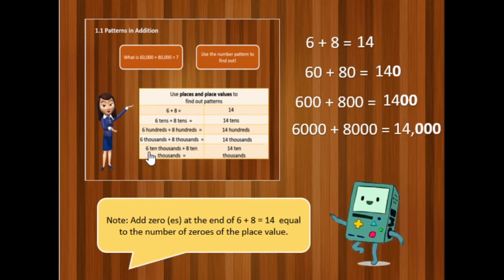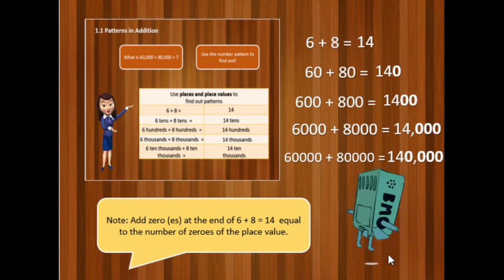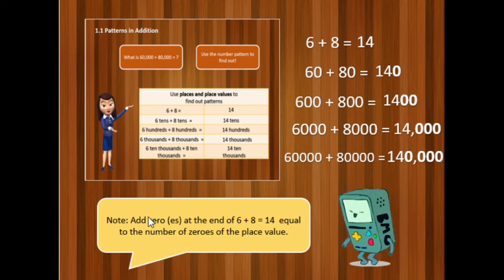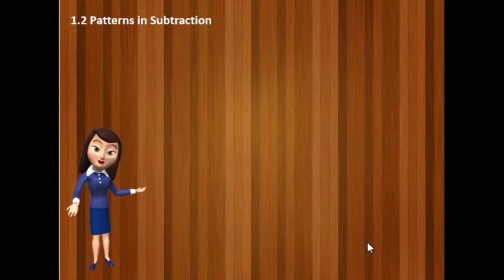And lastly, 6 ten thousands plus 8 ten thousands, we get 140,000. Just remember that when you do mental math for these equations, you just have to add zeros at the end of the answer, equal to the number of zeros of the place value.